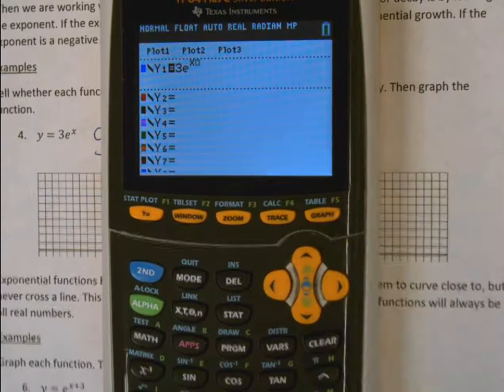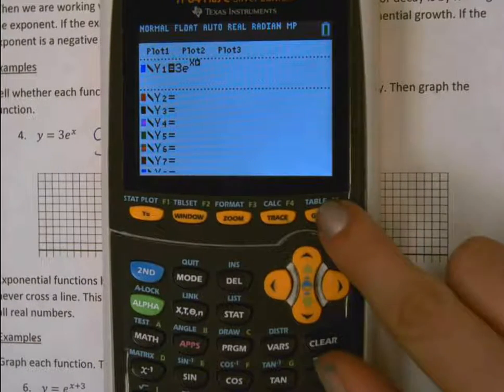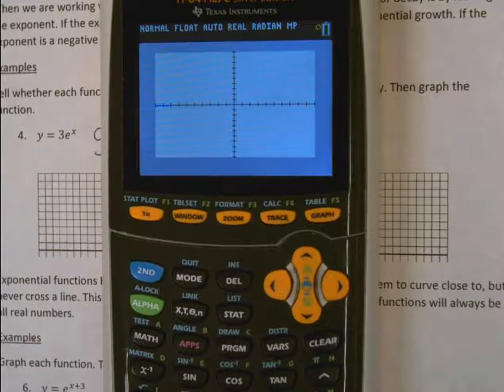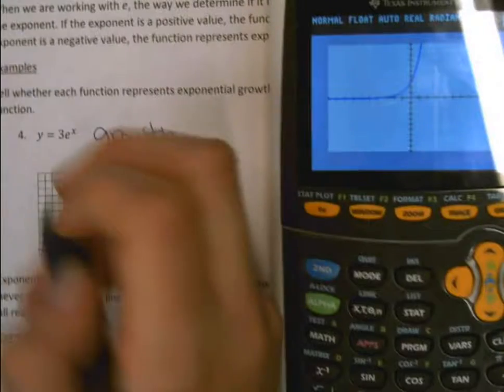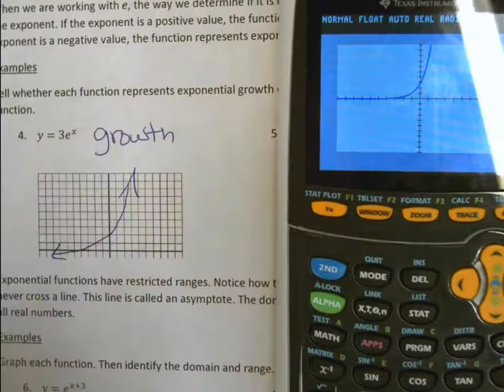On Desmos, you just type the letter e. Okay. Then I go to graph. And it looks like this. That's a very ugly arrow. Questions on 4?